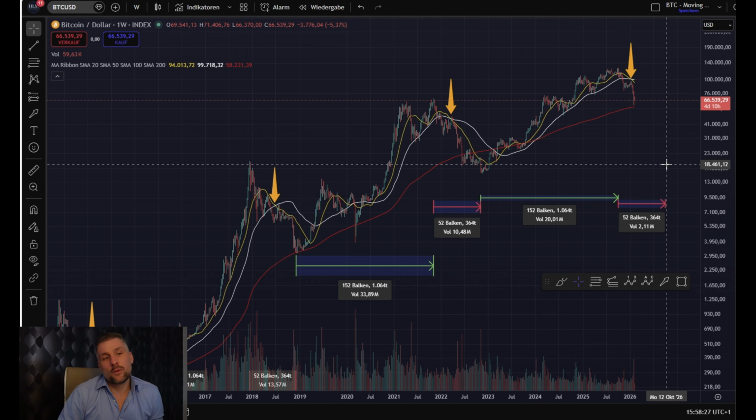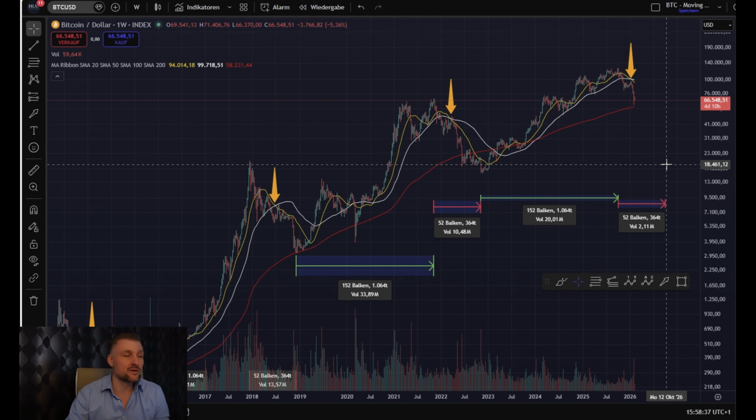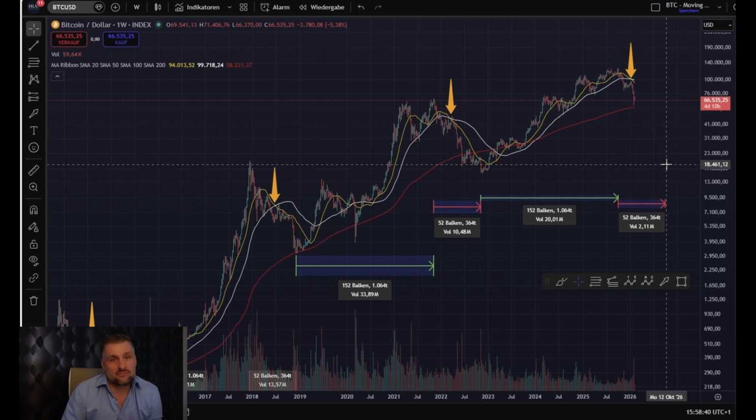Because if you're investing in Bitcoin and you say, okay, I will hold it for 10 years and I assume it will be $1 million, then the current price can be a cheap price. If you say, okay, I just want to hold it a few months and want to trade it, then the current price may be a little bit high. But anyway, I thought that's really interesting.